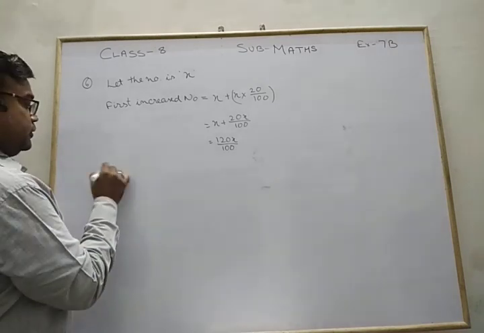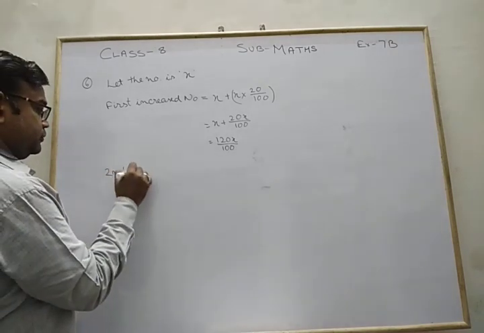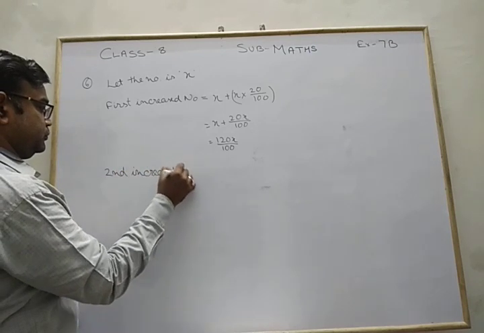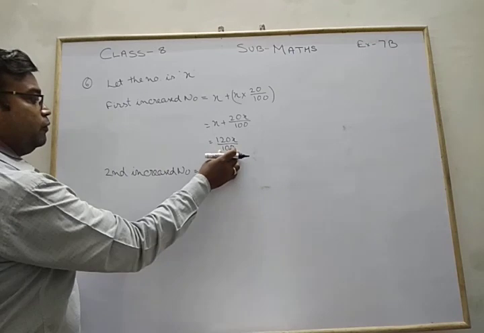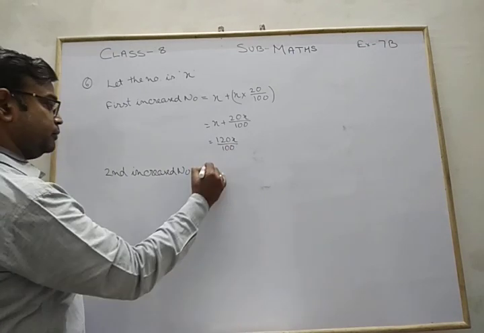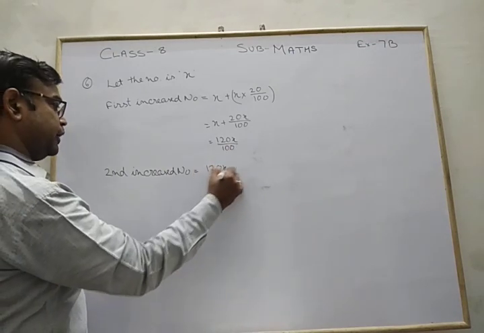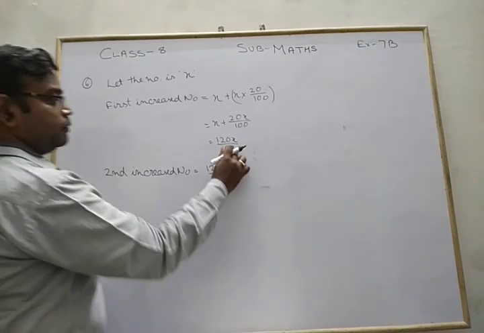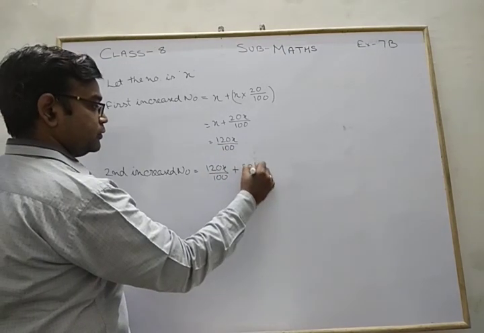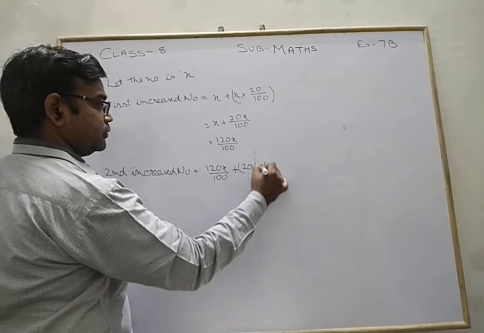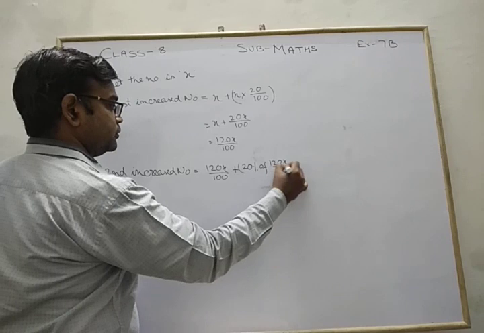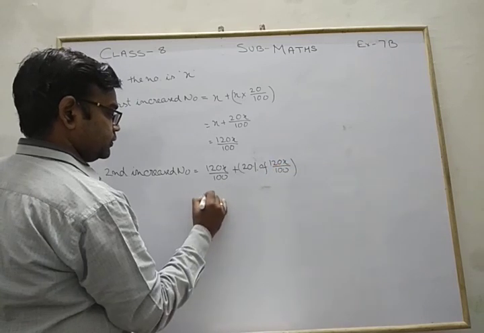Then the second increased number. For the second increment, this is the original number, 120x upon 100, plus 20% of this number, 120x upon 100.